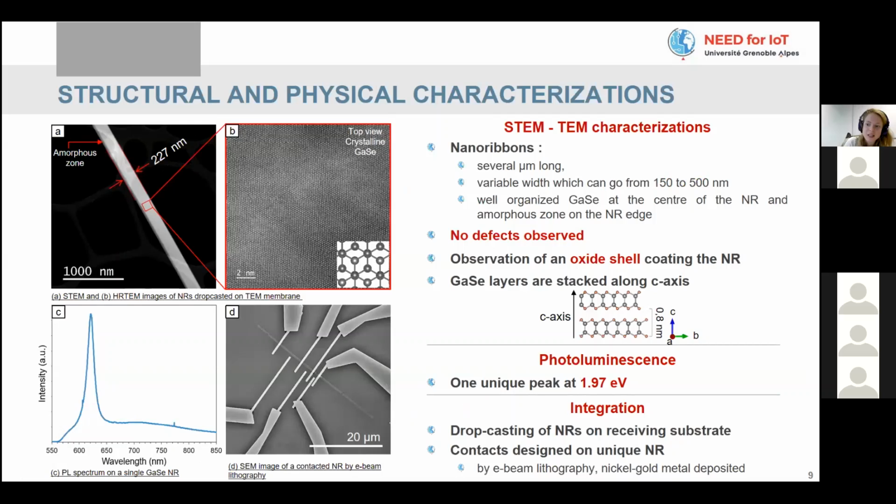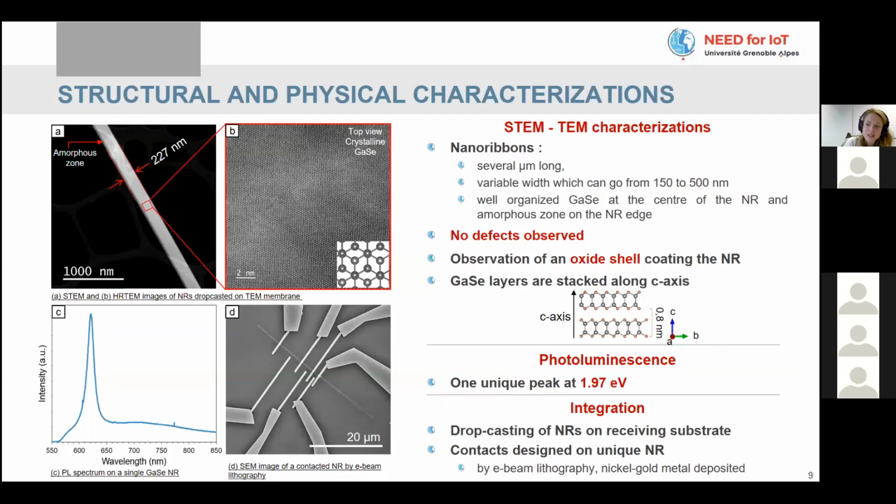We also characterized our nanoribbons, and we have demonstrated that they present well-organized gallium selenide at the center of the nanoribbon. We never observed any defects in them, but we observe a thin amorphous zone on the edge of the nanoribbon, which is in fact an oxide shell coating the nanoribbon.